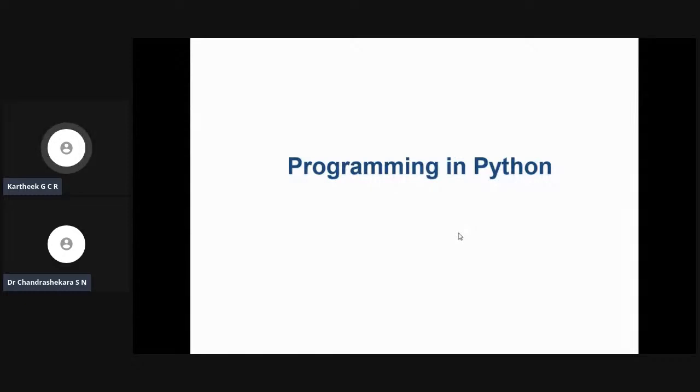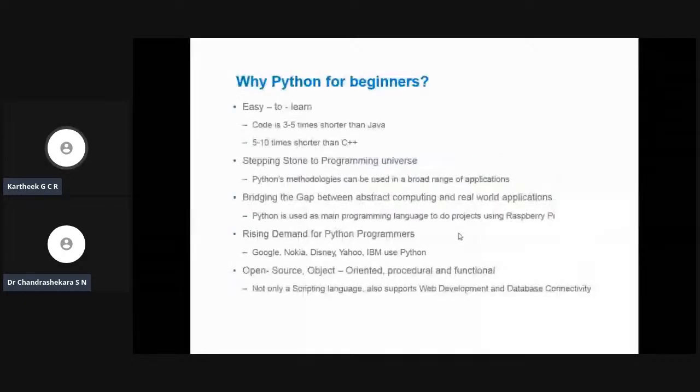So coming to Python, right? What exactly is Python? We all know that it is a programming language, but why is it suggested to learn Python? We already have Java, C, and C++, which we have been learning. What is so special about Python?